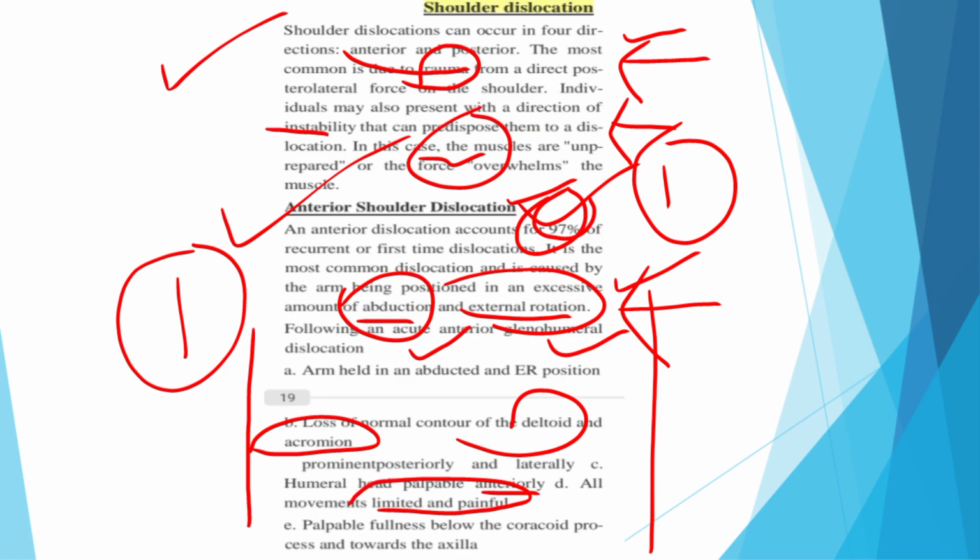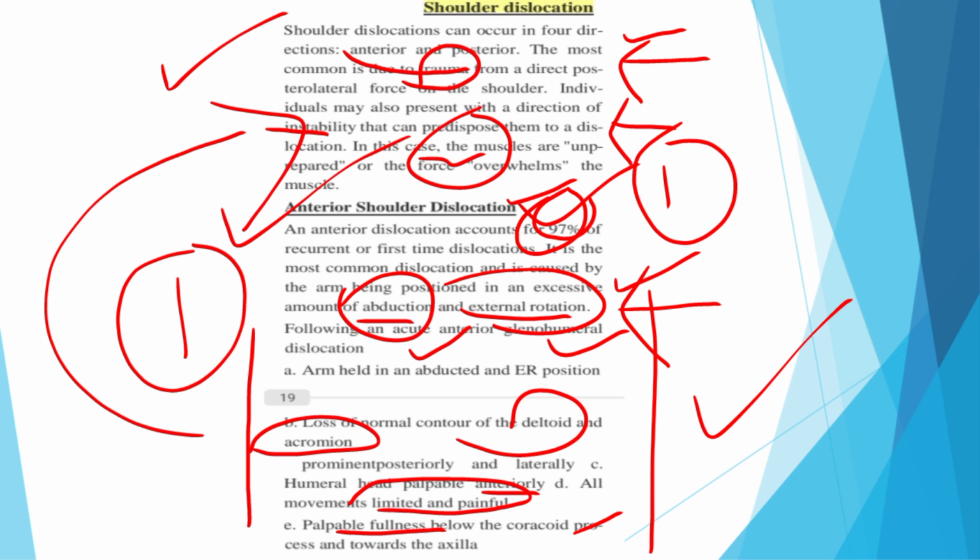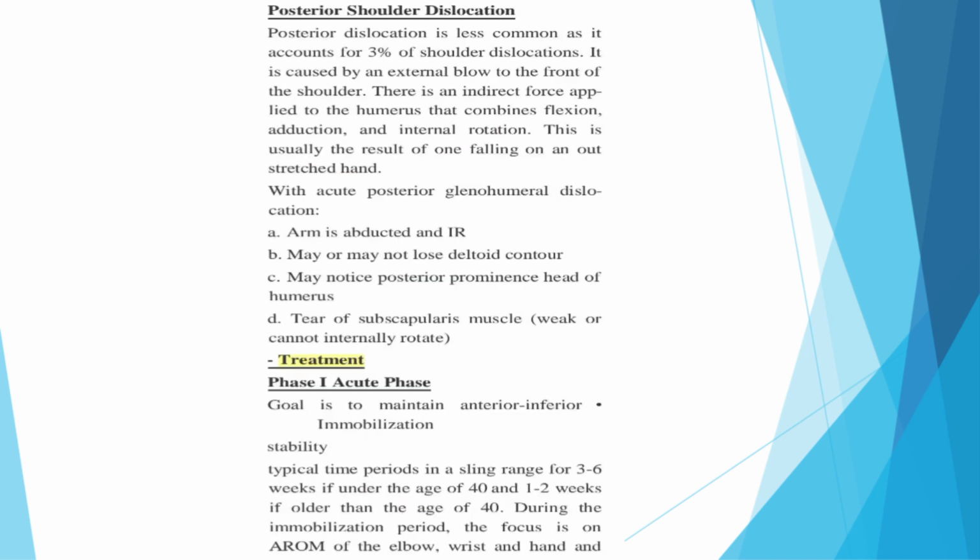There is a palpable fullness below the acromion process of the scapula and towards the axilla. These are the things we can notice in anterior shoulder dislocation.